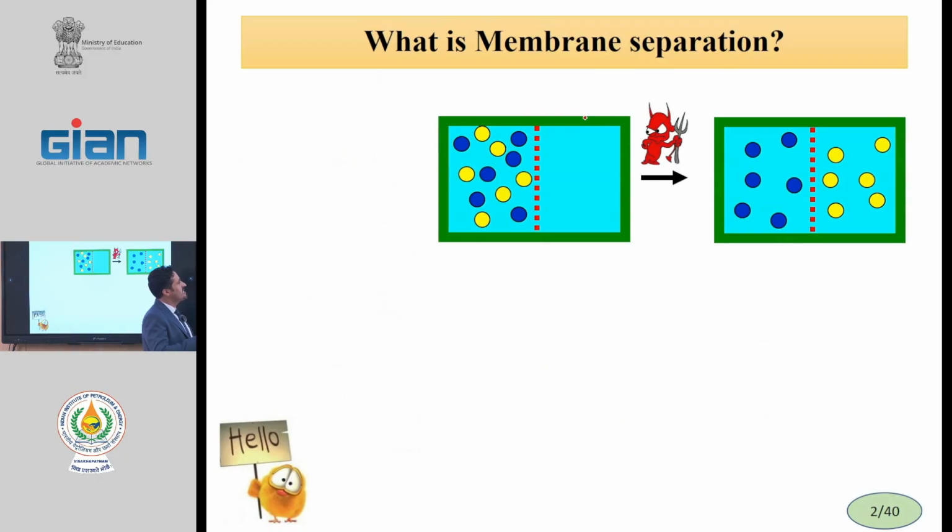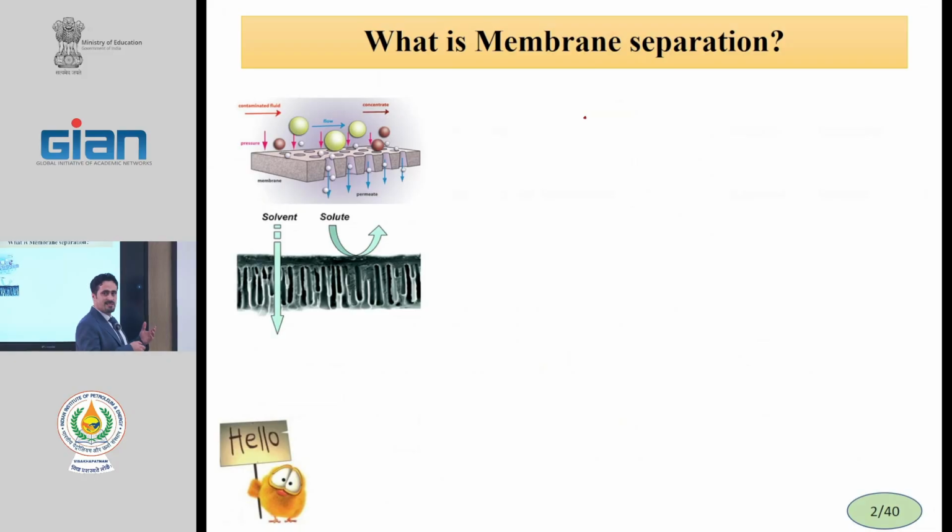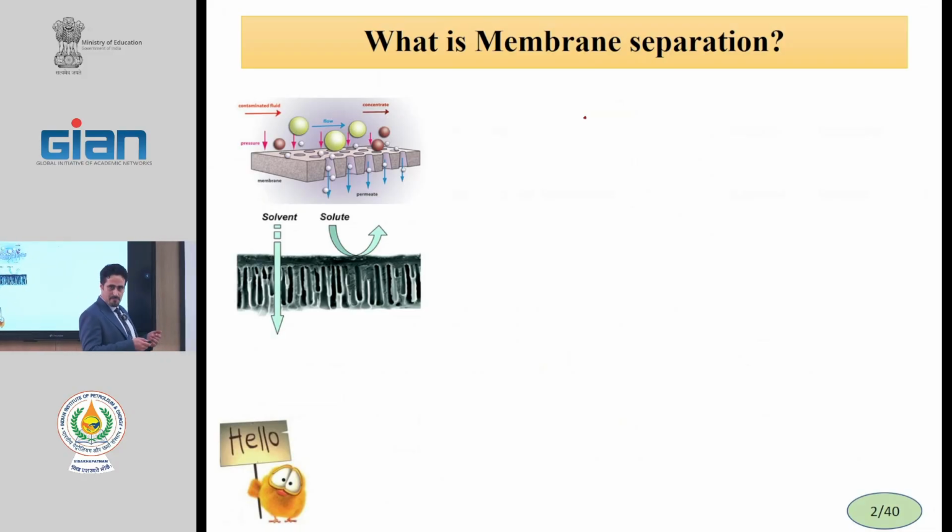We have a barrier, and this barrier is mostly a porous layer. But we have non-porous membranes also. Most membranes are porous, and we can say that a membrane is similar to filters, but different from filters.